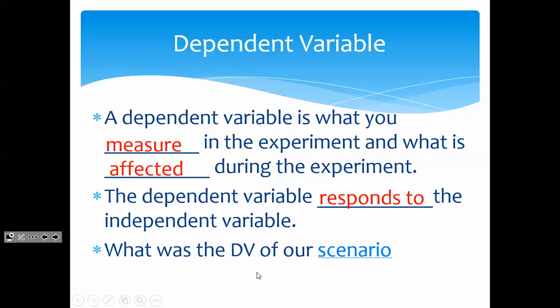If I was talking about those Energizer, Rayovac and Duracell batteries, my dependent variable would probably be how long they last, time in minutes or time in seconds, or however you choose to measure it. If I was talking about the popcorn, which popcorn works the best, I would probably measure that by which bag of popcorn has the least amount of kernels that were unpopped. So you're doing some type of data collection here.